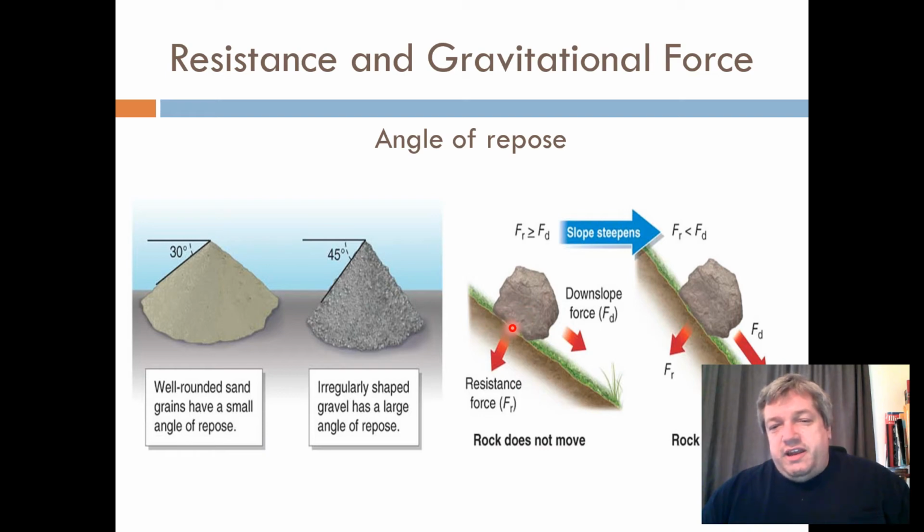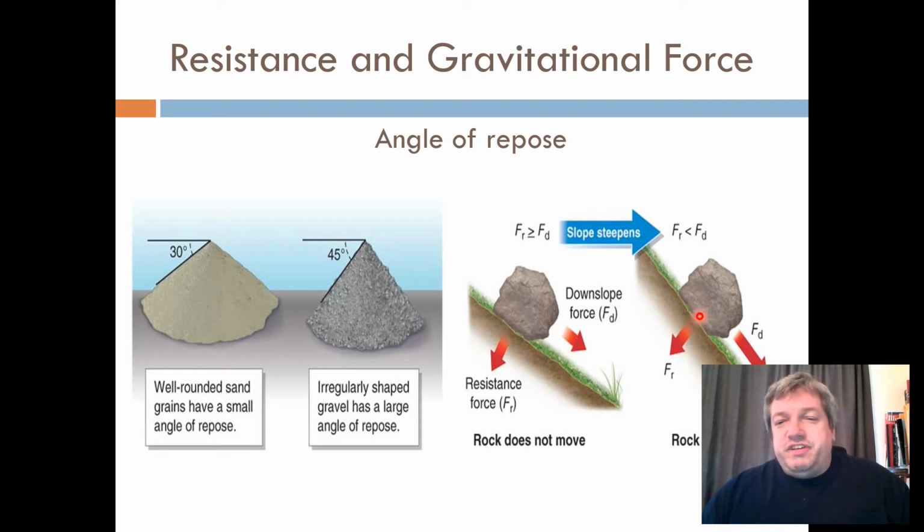Hitting the ground. Resistance force is how much traction you have on your shoe. Do you have on ballet flat slippers? Do you have on hiking boots with spikes? That would increase it. But if the resistance force is stronger than the force of gravity, you're not moving. It's a stable slope.